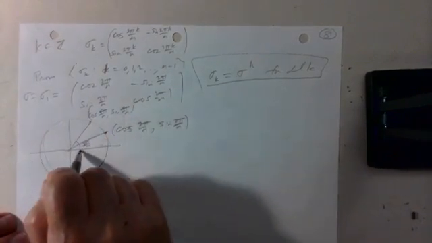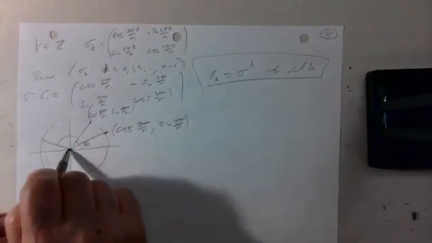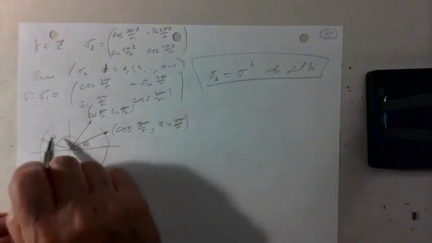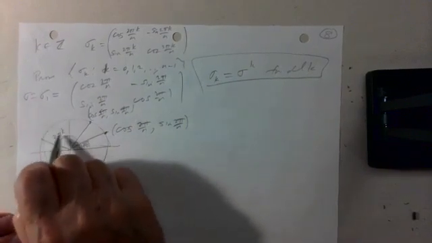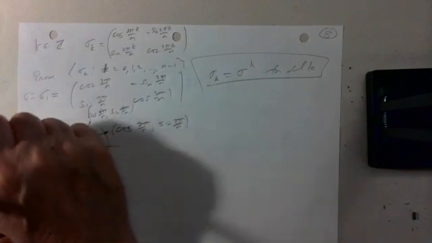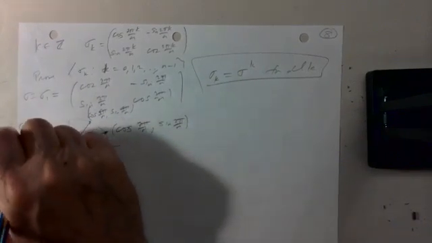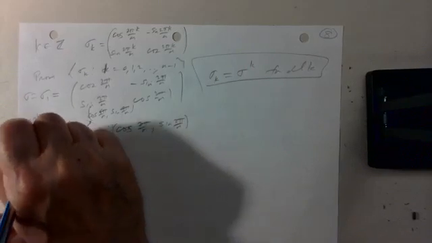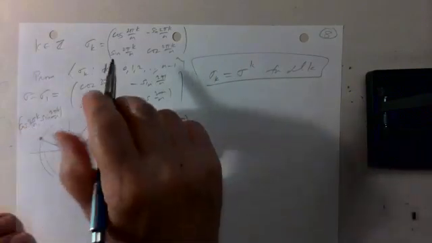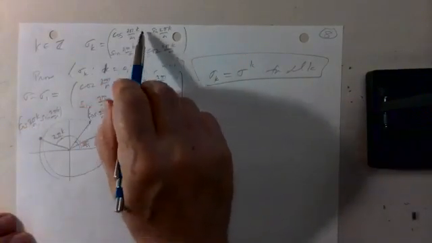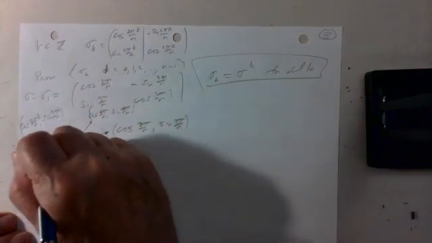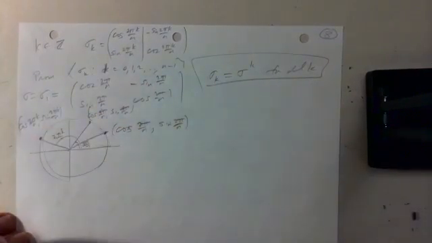In general, if I go this angle k times, so this angle is 2 pi k over n, this point on the circle will have coordinates cosine 2 pi k over n, sine of 2 pi k over n. So if I look at the first column of this matrix, it's just the coordinates of this point written as a column vector.